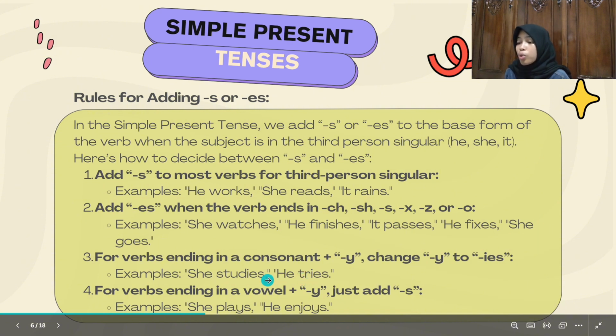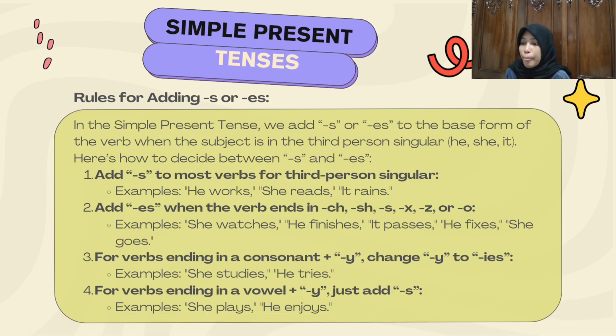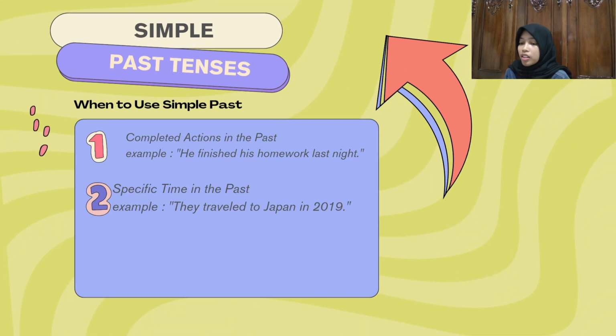Try becomes tries. Okay, the last one is for verbs ending in a vowel plus y, just add s. Examples: she plays and he enjoys. Next module.